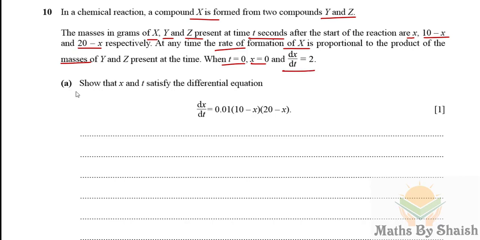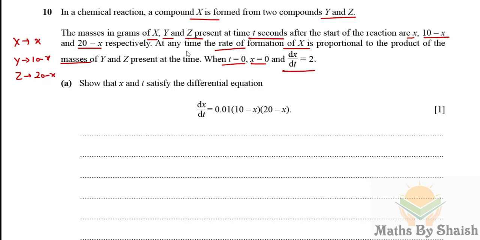So the first part is to show that x and t satisfy the differential equation dx/dt = 0.01 times (10 − x) times (20 − x). It is given that for x, y, z at any time t, the amount of x is x, y is 10 − x, and z is 20 − x.